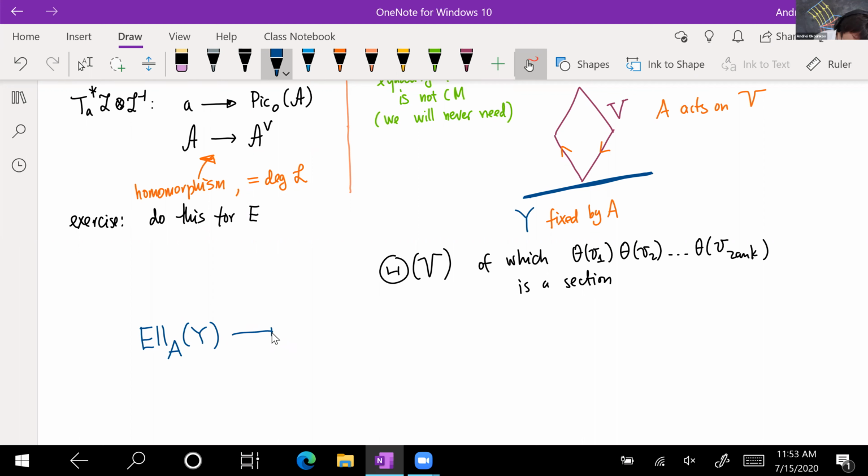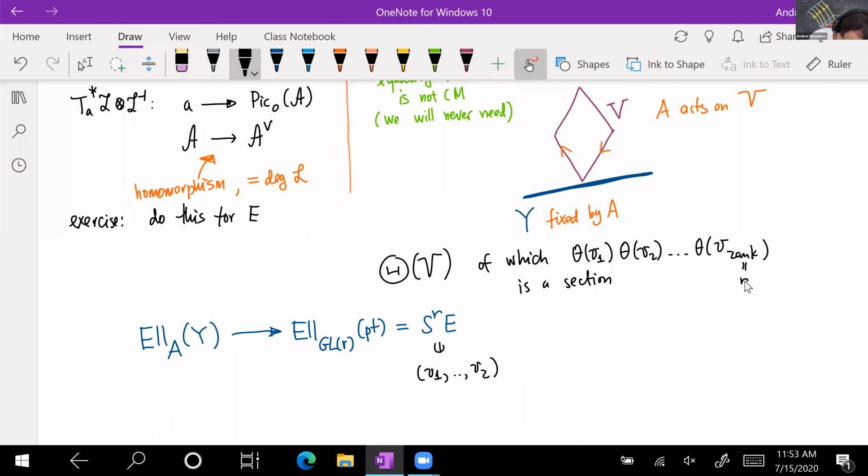This is going to go to elliptic GL_R or U_R Karenka homology of a point, where this is the Rth symmetric product of E. So this is where this point V1 through VR lives.